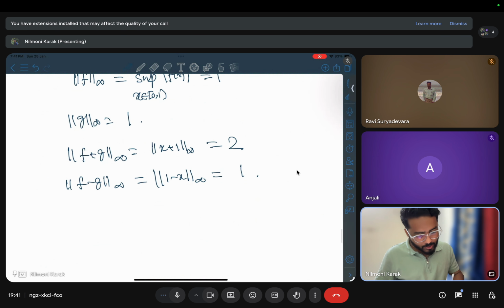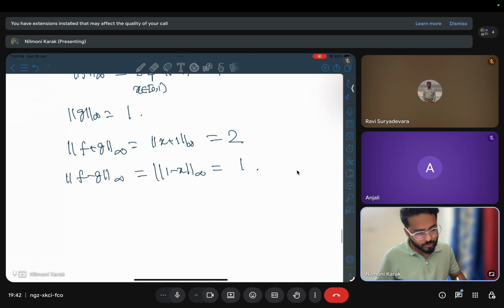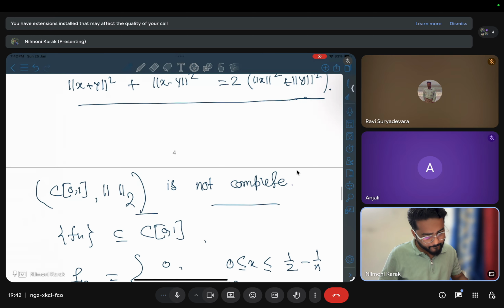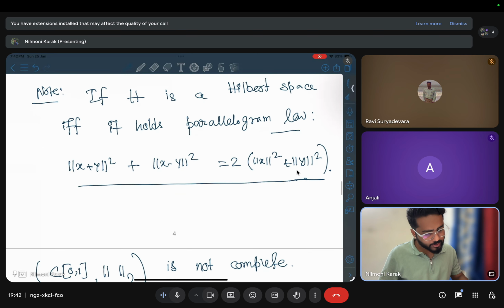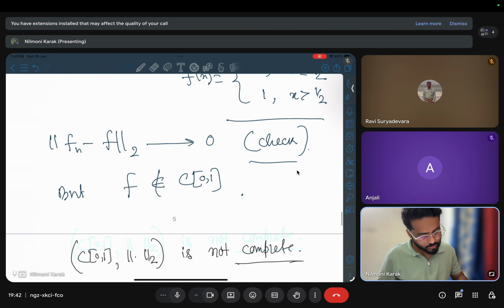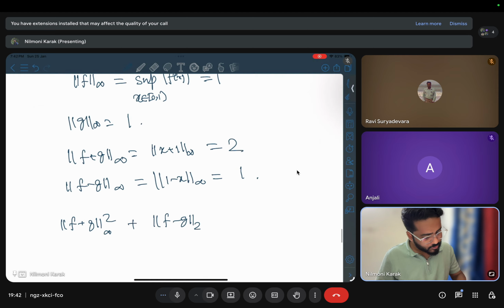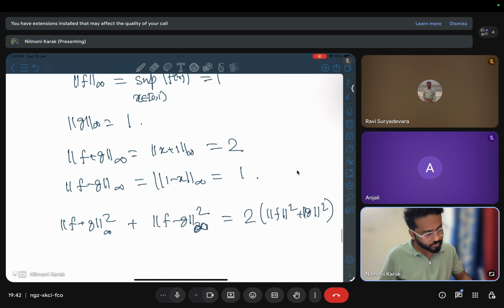Now for the parallelogram law, what is the left side? Basically the norm of f plus g squared plus the norm of f minus g squared, with the infinity norm, and it equals 2 times the norm of f squared plus the norm of g squared.